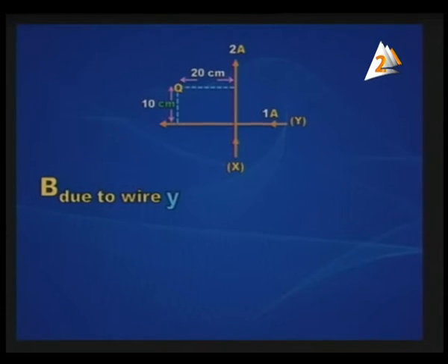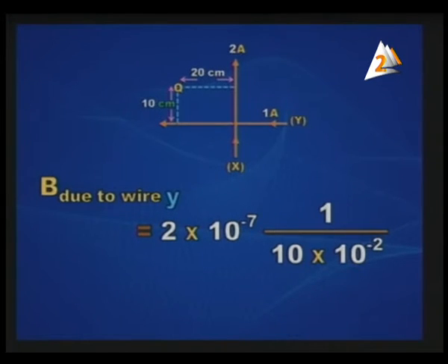And magnetic flux density due to wire Y. Wire Y carries a current of 1 ampere, and it is at a distance 10 centimeter from point Q. So it is equal to 2 times 10 power negative 7, current through the wire 1 ampere, distance 10 centimeter, 10 times 10 power negative 2.